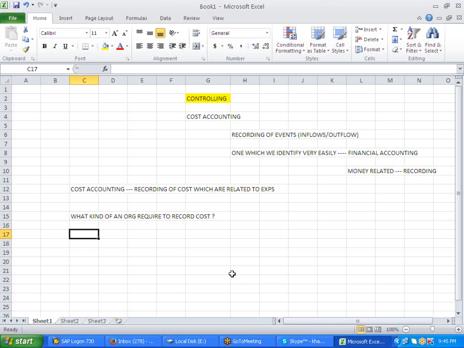Okay, Mohammed, let's put it this way. Business organizations can be segregated into two categories or two types. One, trading organizations. Another one is manufacturing organizations.